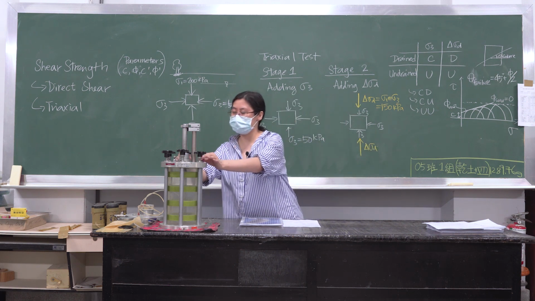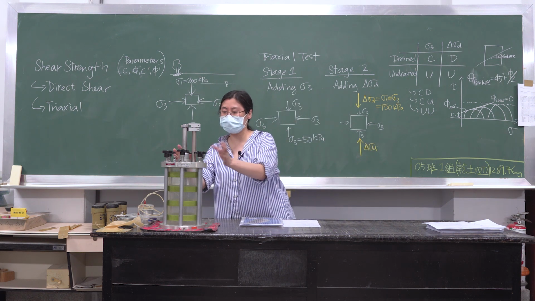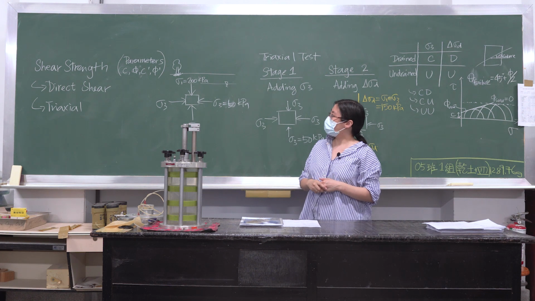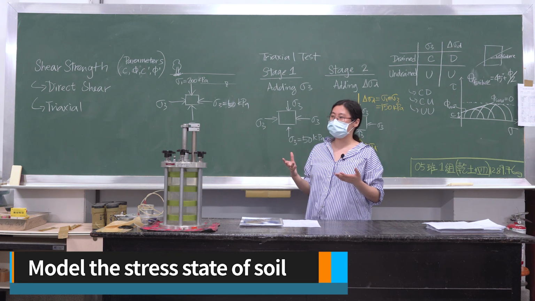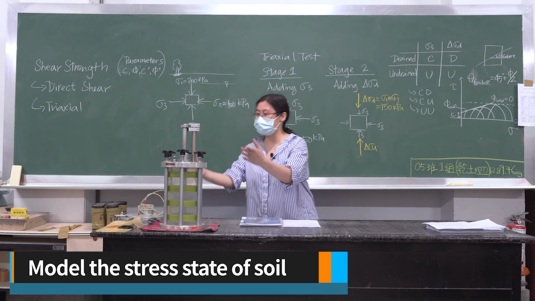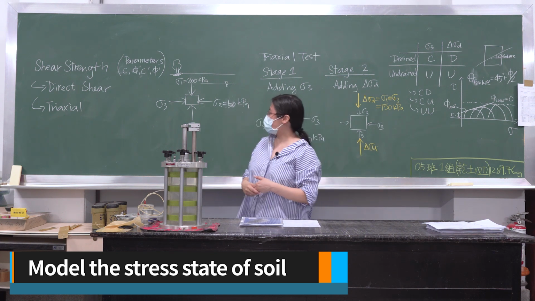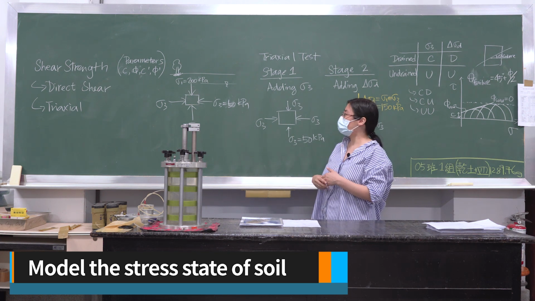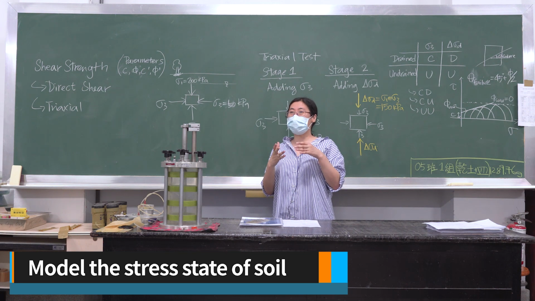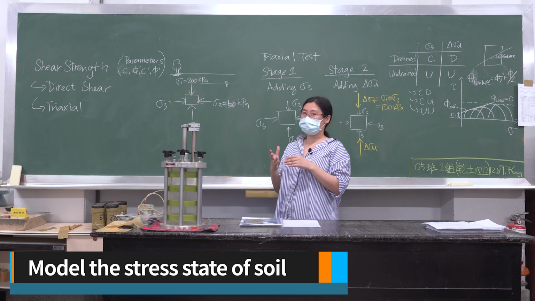This is a triaxial chamber, which you are going to use in a moment. So let us go through how we can model the stress state of soil using this triaxial device. For example, at the site, usually the vertical stress and the horizontal stress would be different.